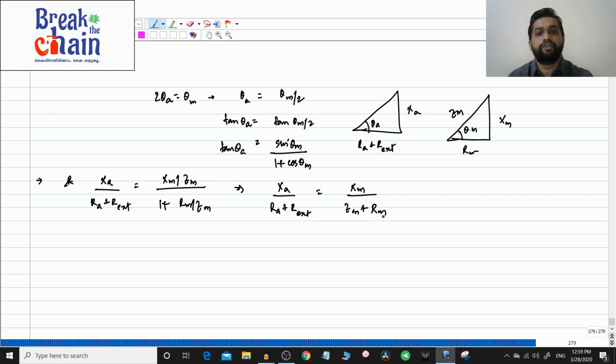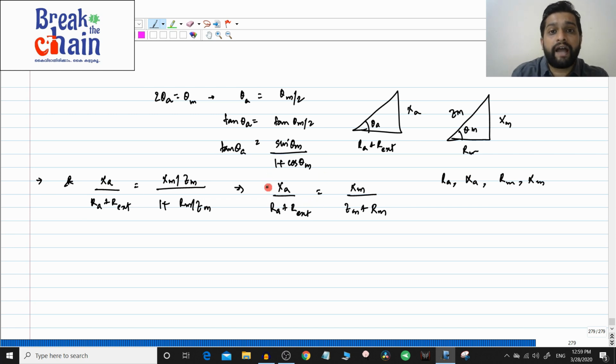So, if somebody asks you what amount of R external should I add to a given single phase induction motor? For a given single phase induction motor, RA, XA, RM and XM will be given in the nameplate ratings, right? Simple nameplate ratings.